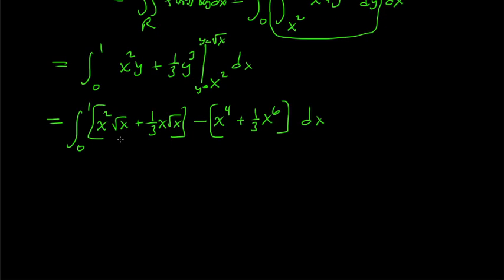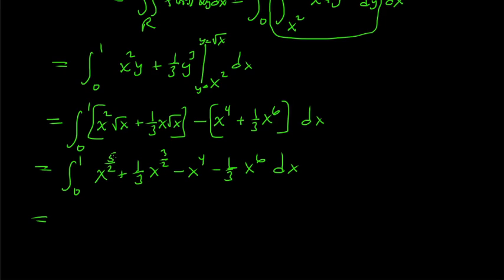At this point, this is a standard single integral. In fact, you're welcome to just plug this in your calculator. So this will be x to the 5/2 plus 1/3 x to the 3/2 minus x to the 4th minus 1/3 x to the 6th.